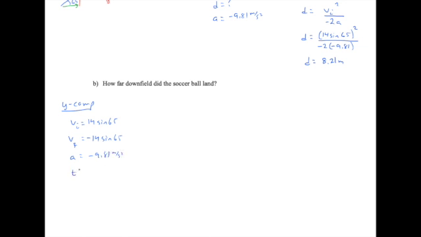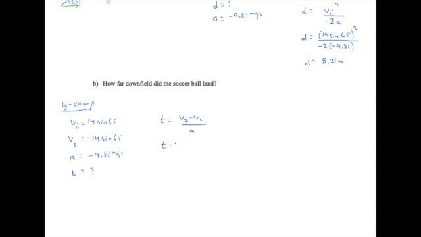And what we're solving for is time. Now we could also put in displacement of 0, but if we're looking for time we don't need it, because we can just use VF minus VI over A to give us our time value. So VF minus VI over the acceleration. On your formula sheet is A equals VF minus VI over T. I just rearrange those right away.